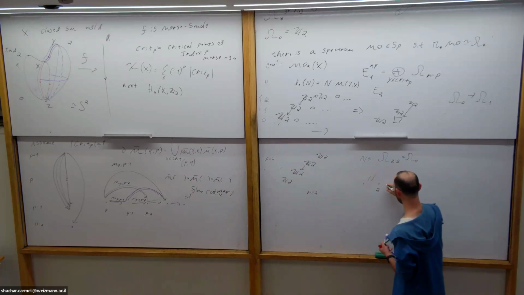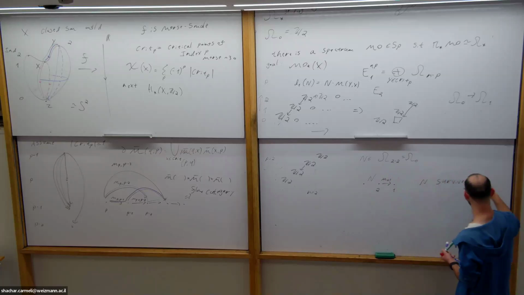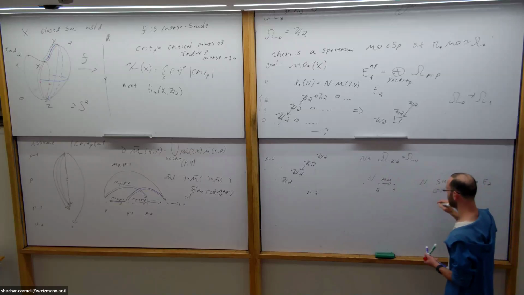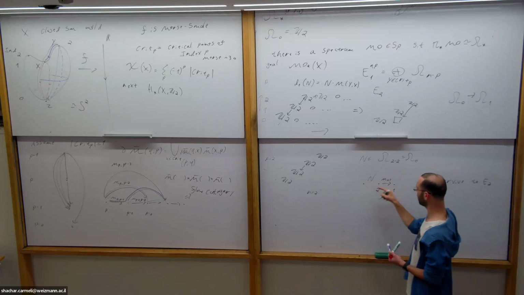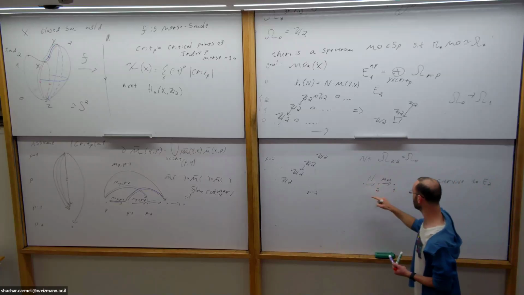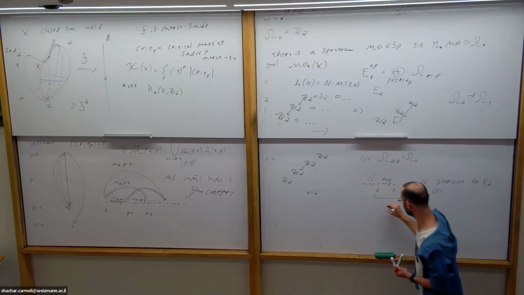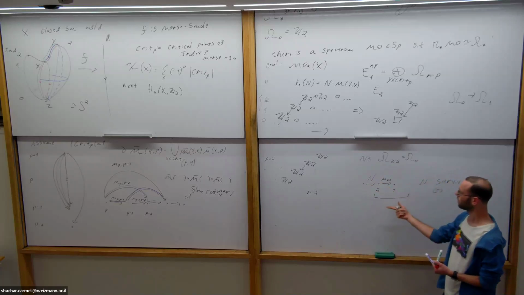So n survives in the kernel of the first differential to E2 if and only if you have a flow category like here with n here, and all this part is the restriction of the flow category coming from F.